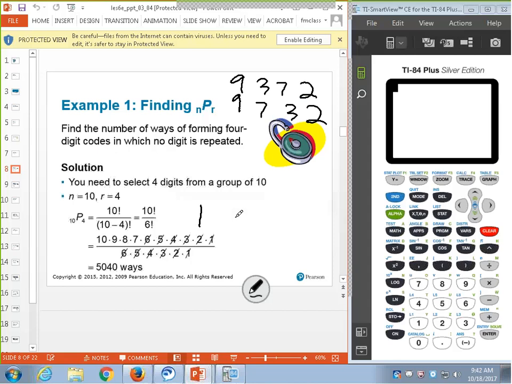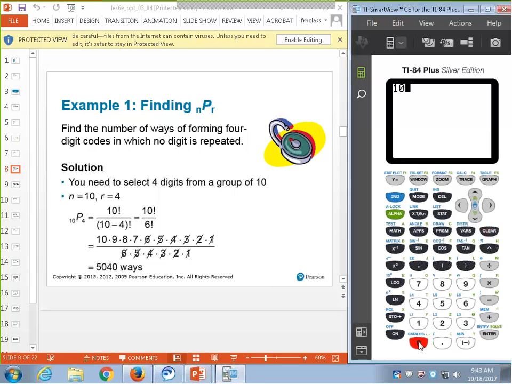Now, we have 10 numbers to work with, right? We can use 0. P for permutation, and we're selecting how many? The code is 4 digits, so the r is 4. If we were selecting 6, then it would be 10P6. So now, 10P4, the calculator has that formula built in. Here's how you do permutation.